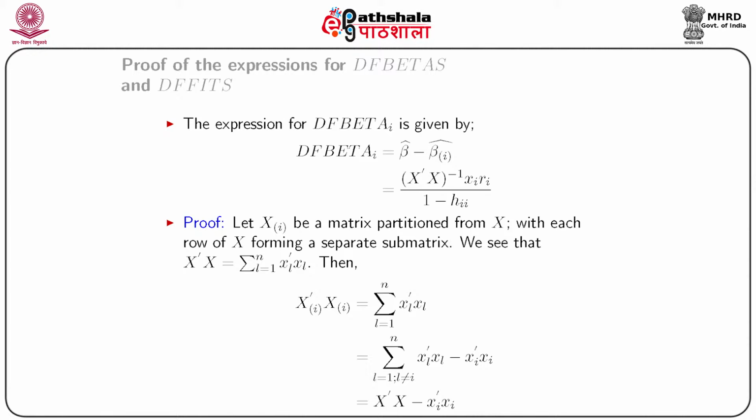Thus, X_i prime X_i can be written as X prime X minus the ith observation x_i prime x_i.